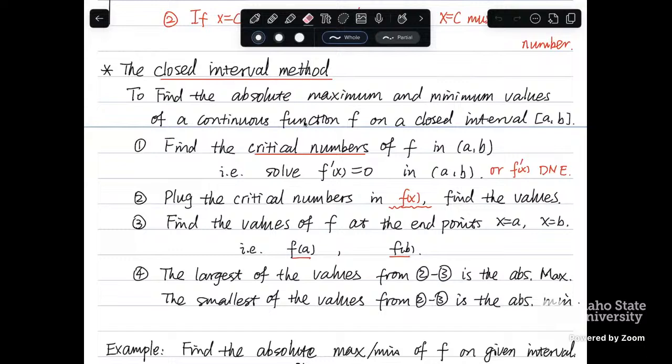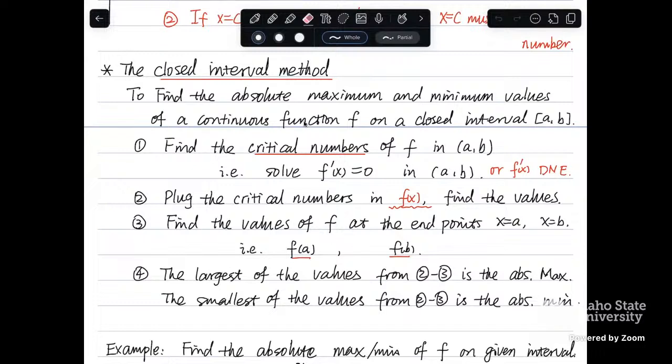One example you can think about is the logarithm function, y equals natural log of x. Say you define the function from 0 to 2, right?